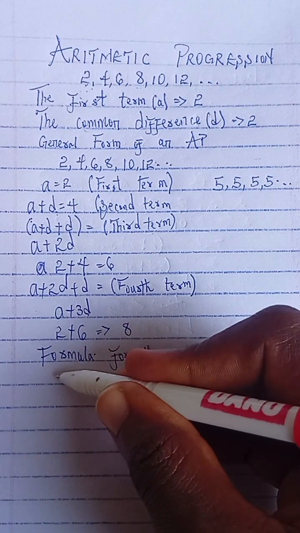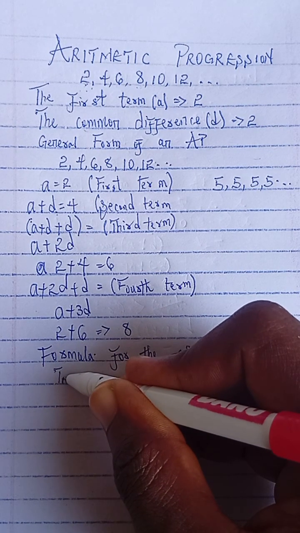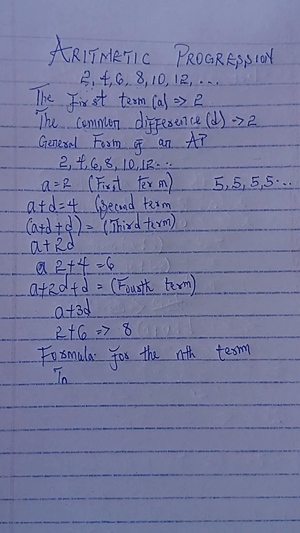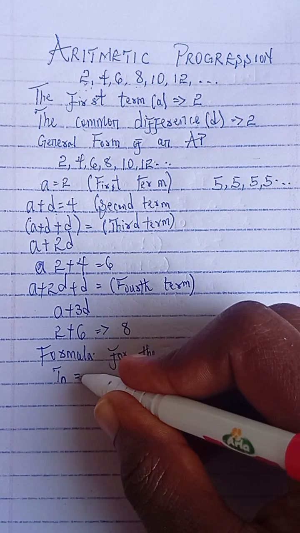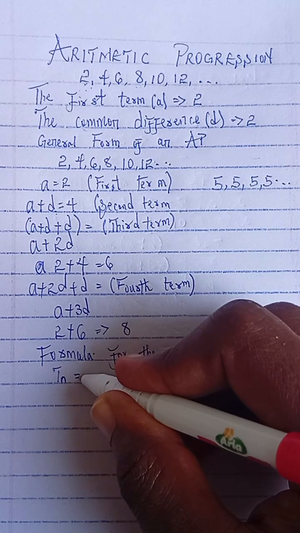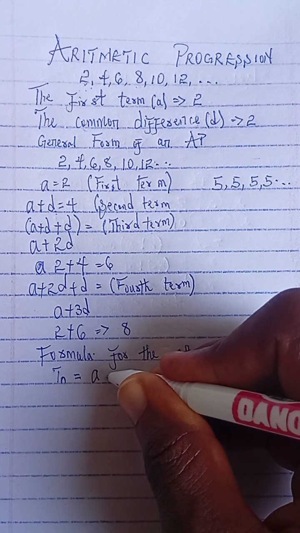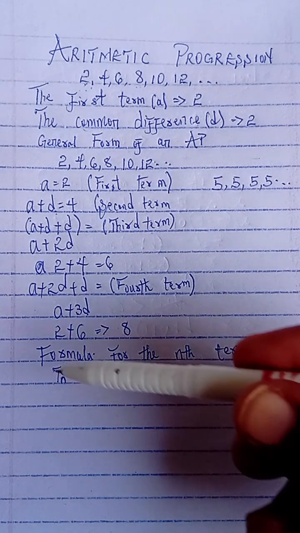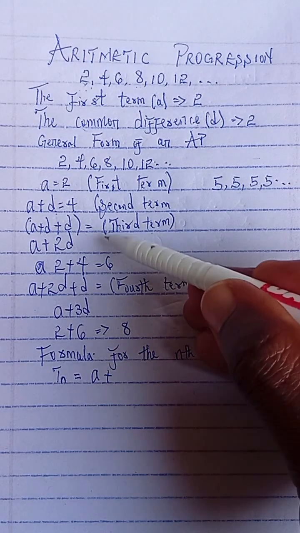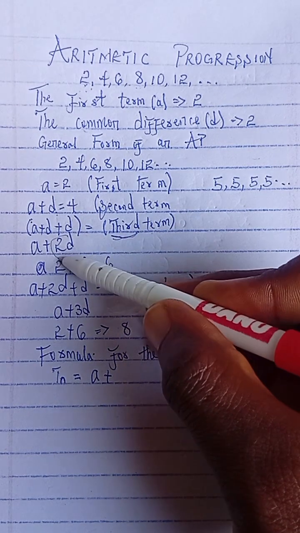So the nth term, note that n indicates that it is unknown. The number of the term you're actually looking for is unknown. If you follow the pattern of what we've been doing, you'll notice that we always start with the first term.